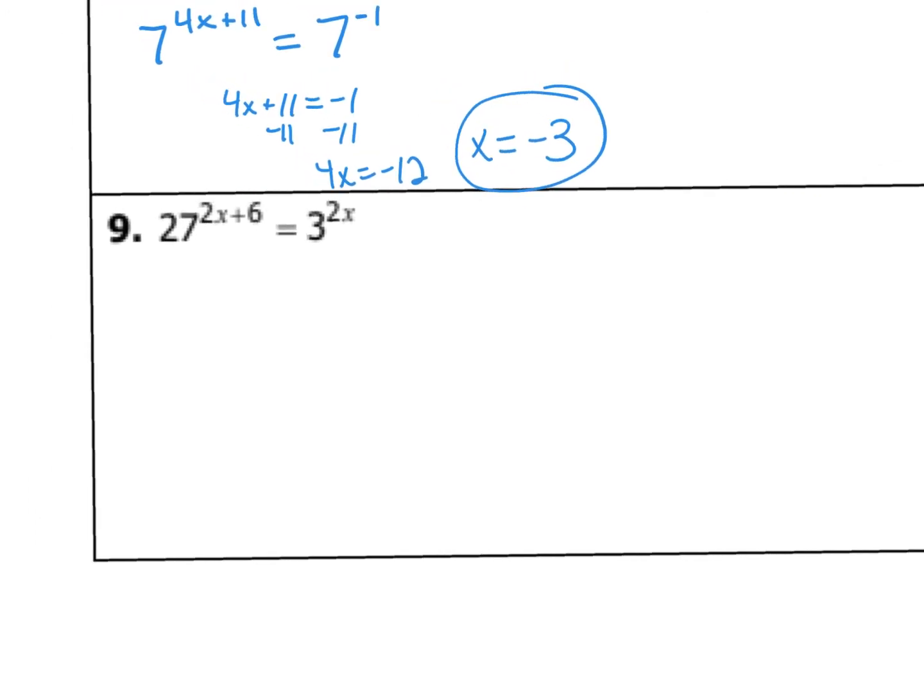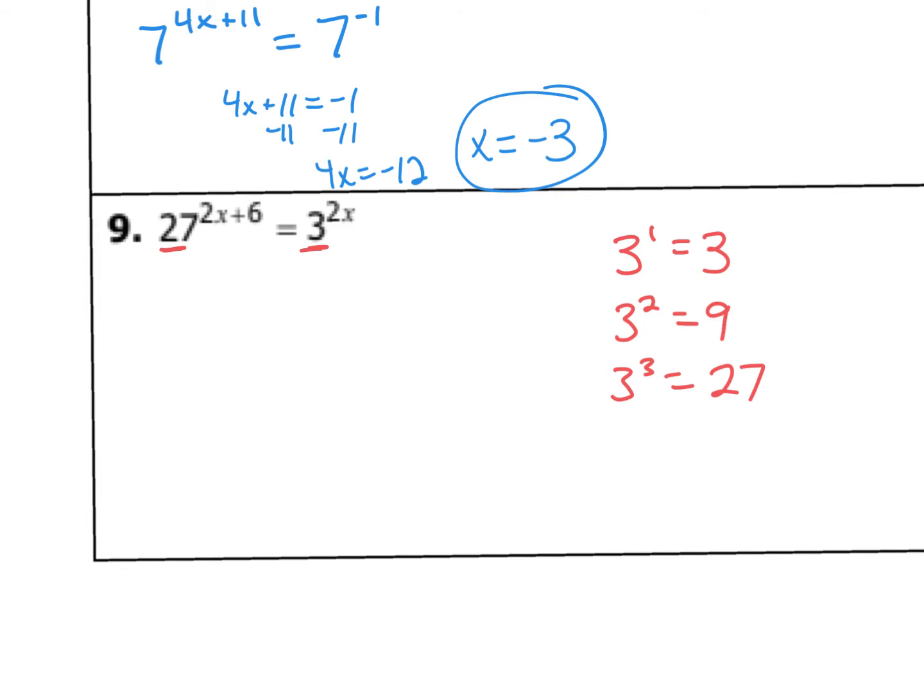All right, so we look, which is the smaller of the two? 3. Okay, so we'll go over here. 3 to the first is 3. 3 squared. 3 to the third. Perfect. So we got both of our bases, okay? But pause real quick.